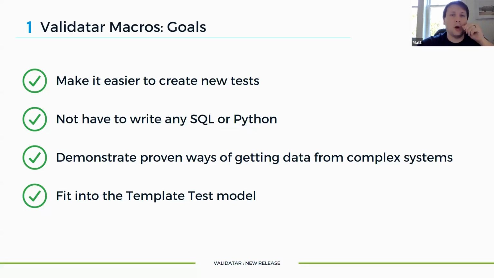So we wanted to give people ideas and proven approaches to bringing that data back and seeing it very quickly. And then the final goal is, because Validator is designed to scale everything via templates, everything that we did with macros needs to fit into that template test model. So you'll see common themes throughout that as we go.